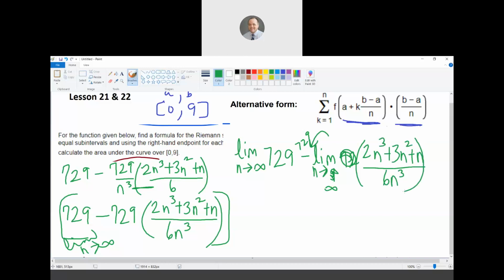Now, when you take the limit as n approaches infinity of a constant, it's just a constant. So this part right here is 729 minus 729. And I'm going to show you a real neat shortcut.